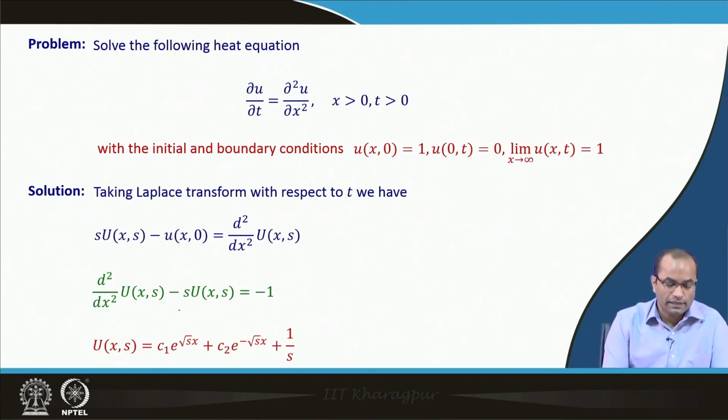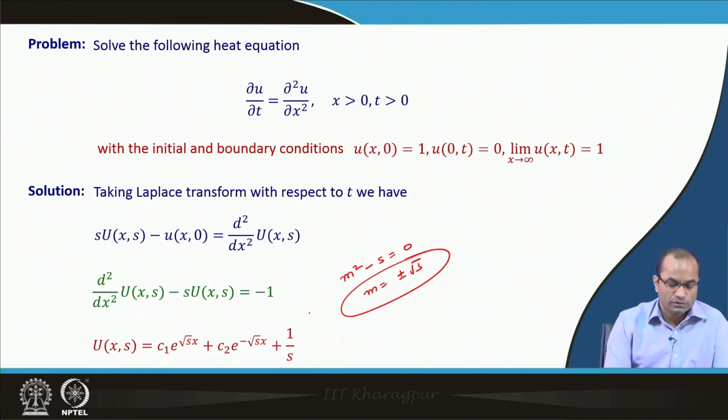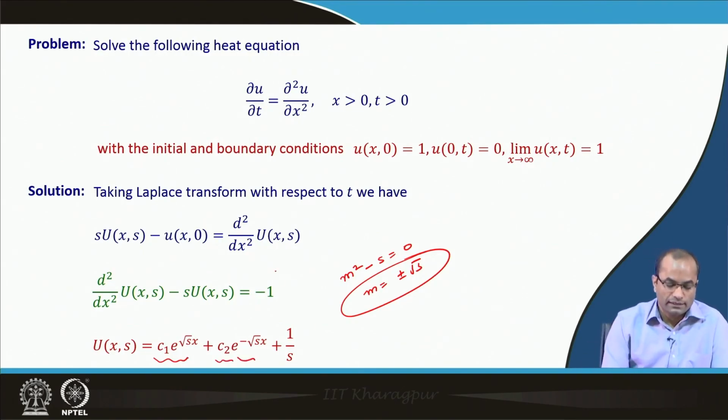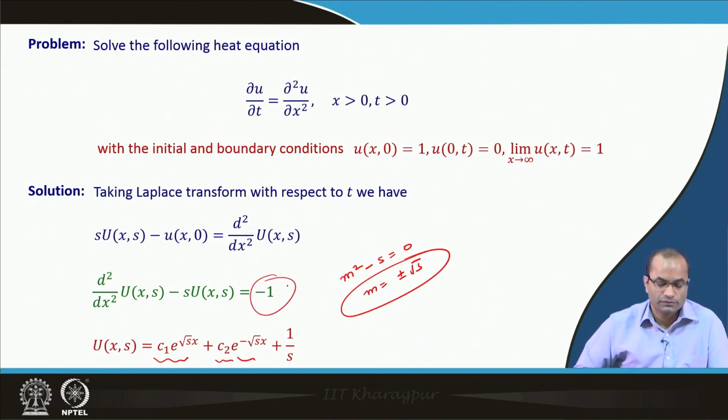So we can get the auxiliary equation m² minus s equal to 0. So m will be plus or minus the square root of s. These are the two distinct roots. So we get c1 e^(√s x) plus c2 e^(−√s x), which will be the complementary function, and then we also get the particular integral as 1 over s.